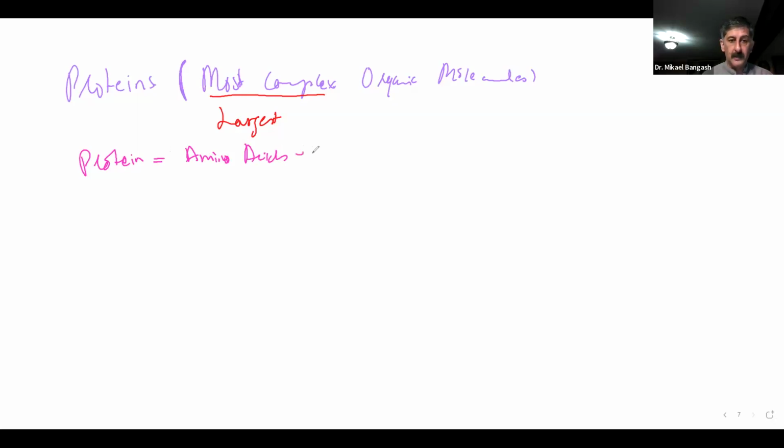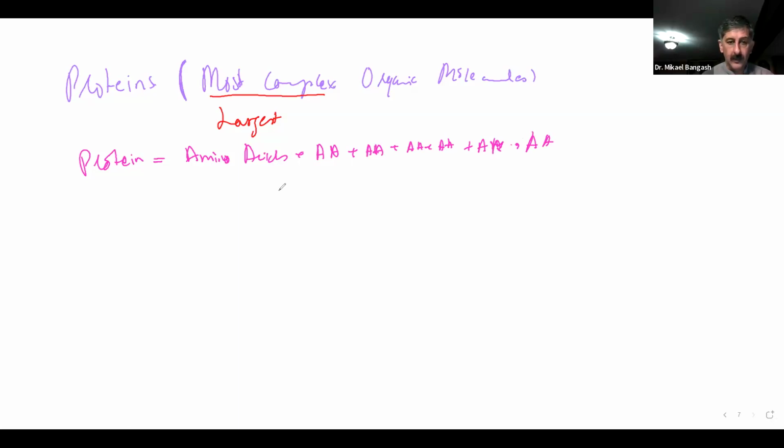So a protein is just going to be a long chain of amino acids. Did you guys get that?